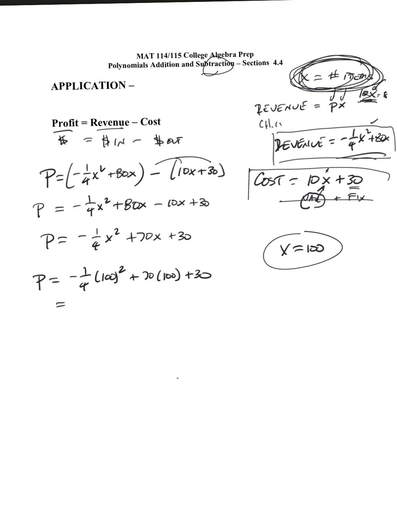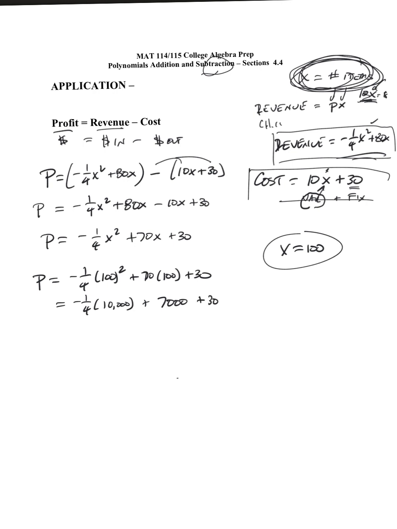If we square 100, that's going to be 10,000. And if we take 70 times 100, that's 7,000. I'm having trouble writing my sevens here. I'm getting used to writing on an iPad, so hang with me. 7,000, and then plus 30.